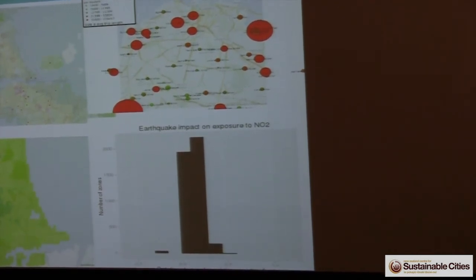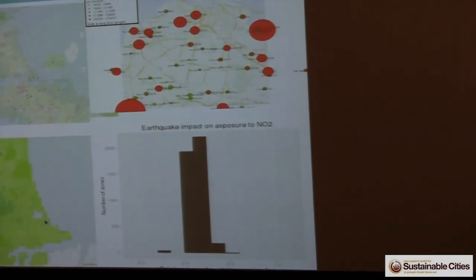The map here is the impact of the earthquake in Christchurch on the traffic flow. Well, that's not quite true. It's the impact of the earthquake on the traffic flow as observed or as estimated in the long-term nitrogen dioxide concentration field.